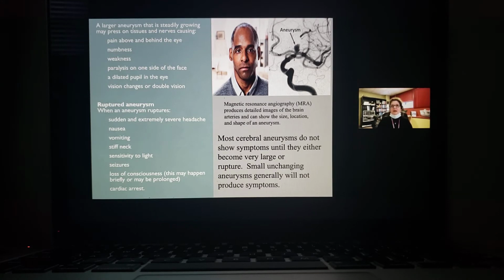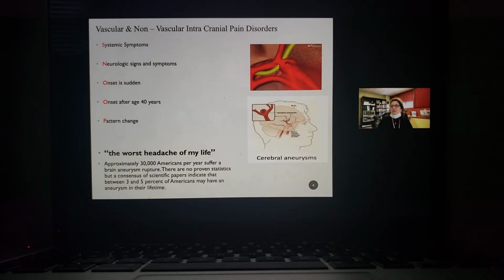But going back to the main question: is this patient describing the worst headache, something that they have not experienced before? Very common, by the way, about migraineurs when they call their providers.